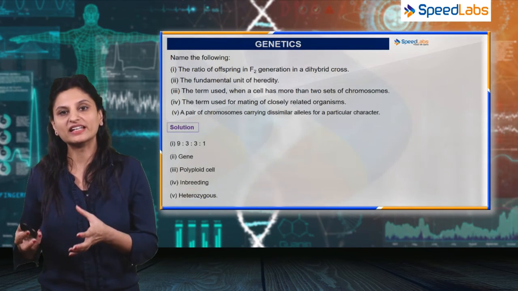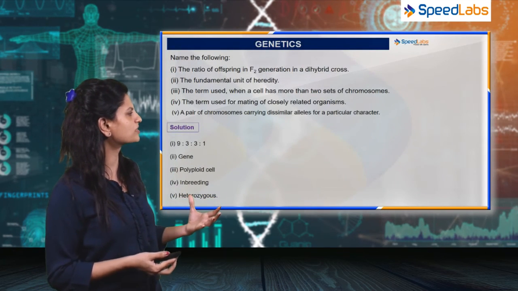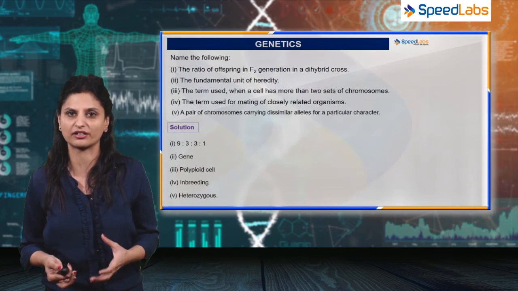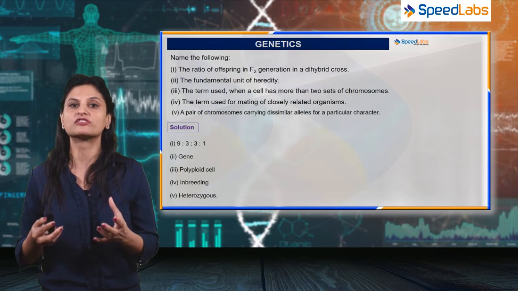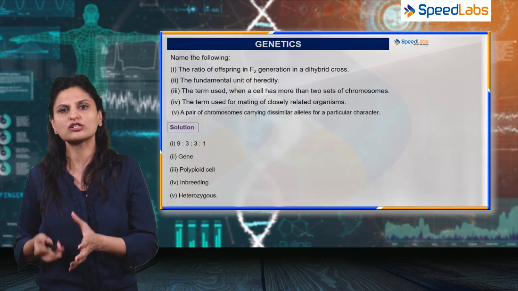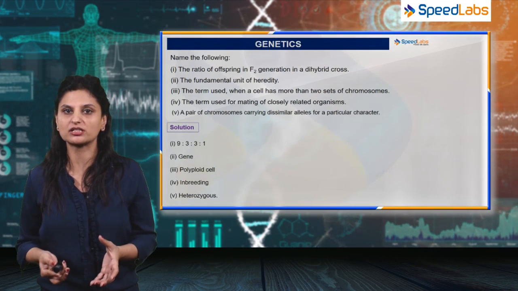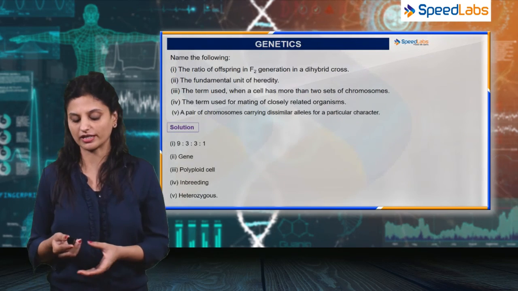When both the alleles are different, then such chromosomes carrying dissimilar alleles for a particular character are called heterozygous. For example, if tallness is a character, then when it is denoted by a capital T and a small t, the individual members are different in the gene, then such chromosomes are called heterozygous.